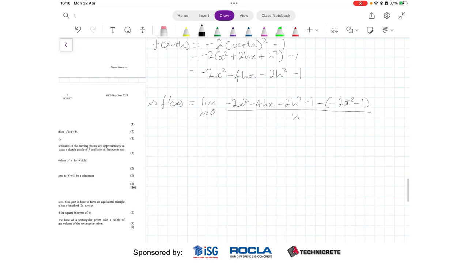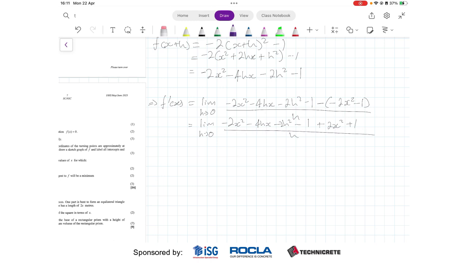So now it's a matter of doing our manipulations. Let's get rid of the brackets first. That's going to be minus 2x squared minus 4hx minus 2h squared minus 1 plus 2x squared plus 1, all over h.